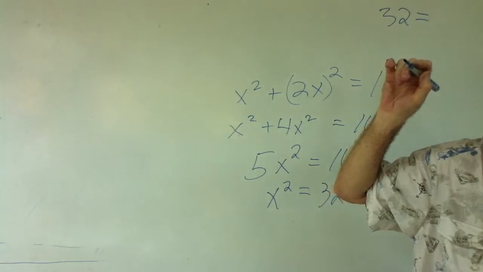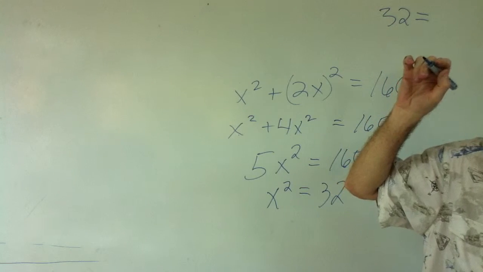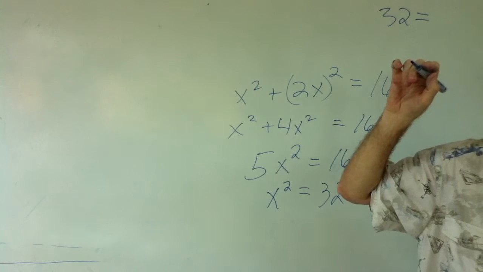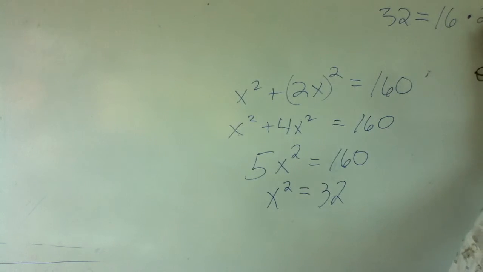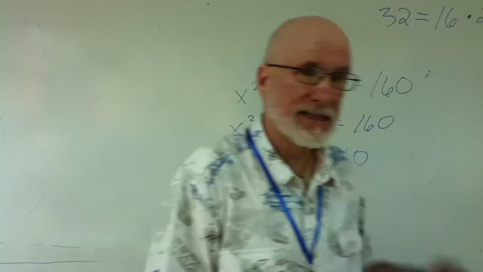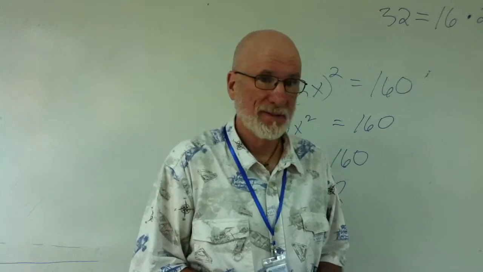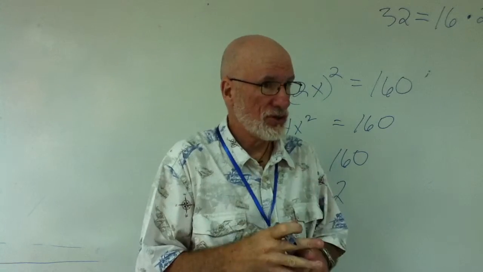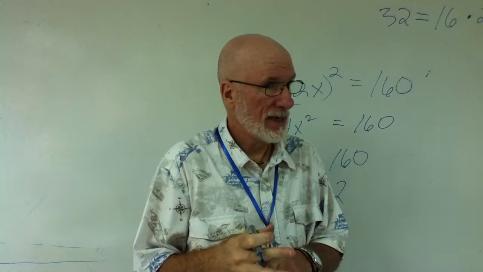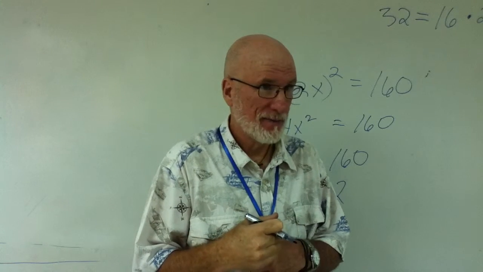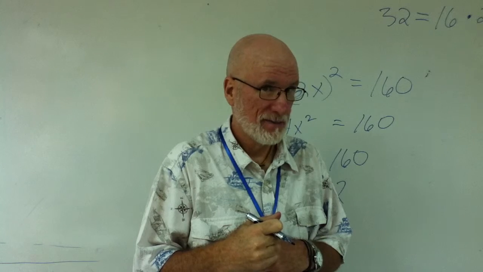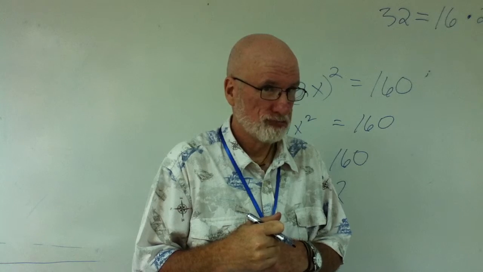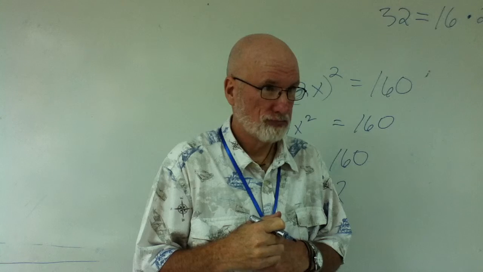A square and a non-square? 16 and what? 2. There you go. 16 times 2. Isn't 16 a square? Isn't 2 a non-square, and it doesn't even have a square in it anywhere? Right? Yes or no? Yes.